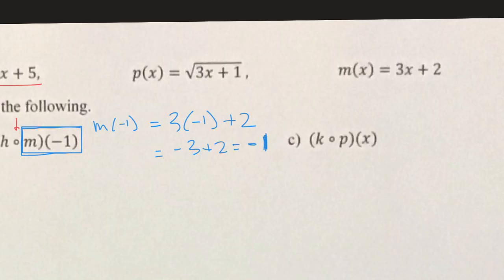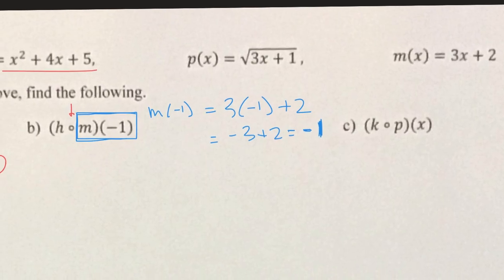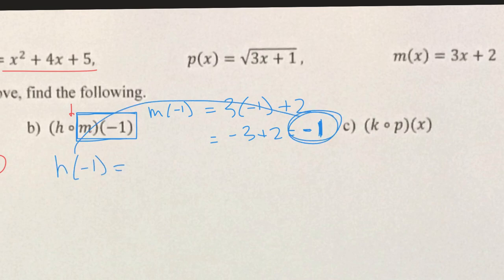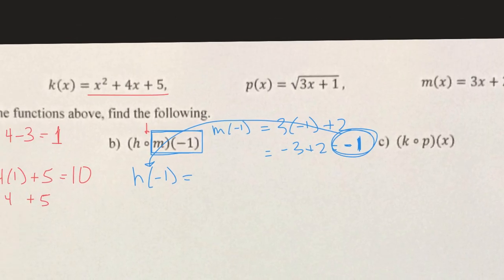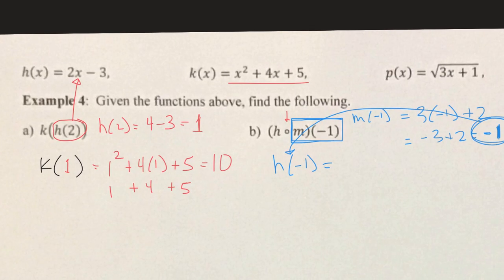M of negative 1 is negative 1. So now I'm going to evaluate that in for my h. Okay, so when you have it in a composition format, you evaluate the closest letter first. The closest letter first. So h of negative 1 is 2 times negative 1 minus 3, which is negative 5.